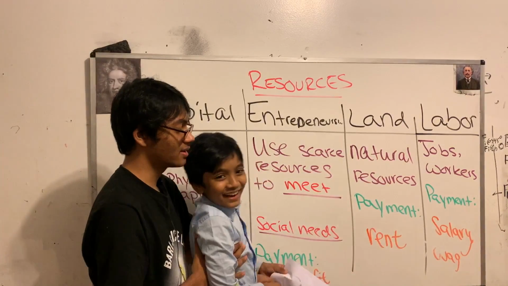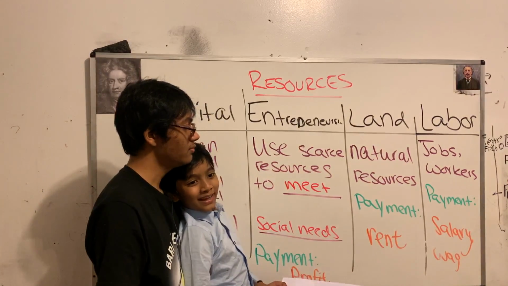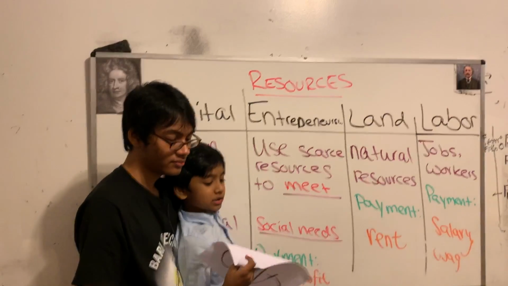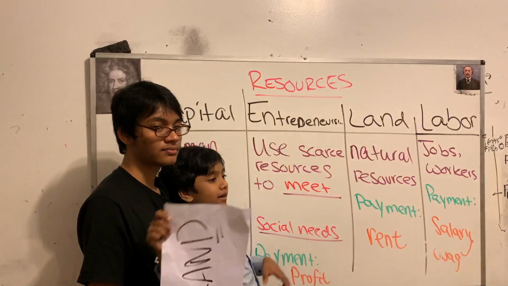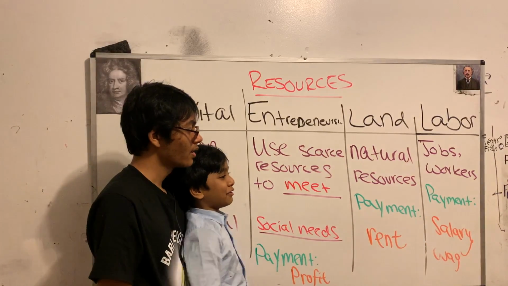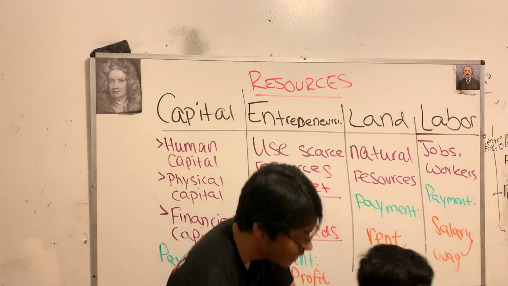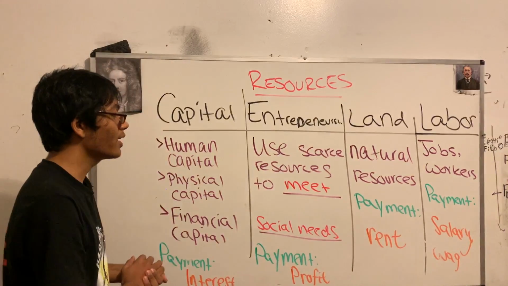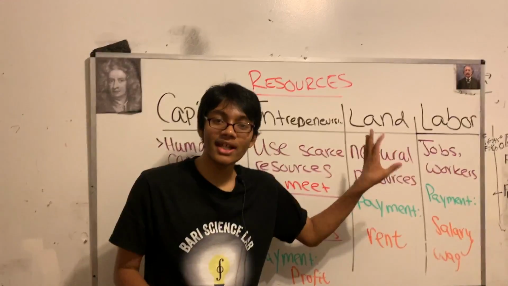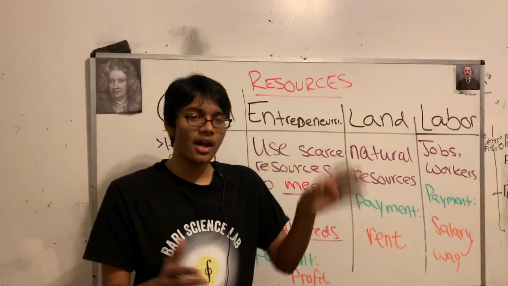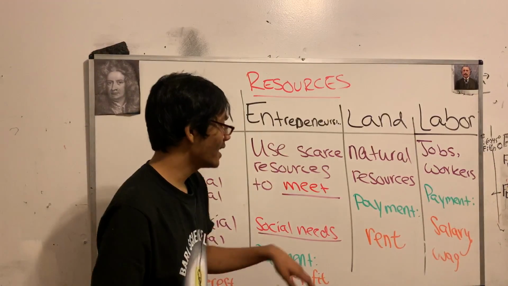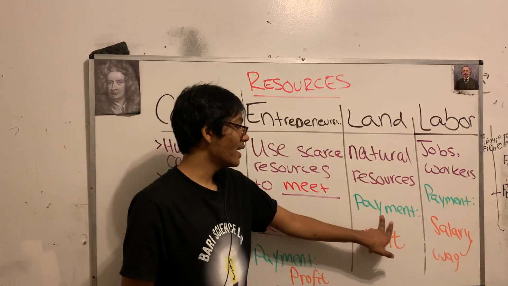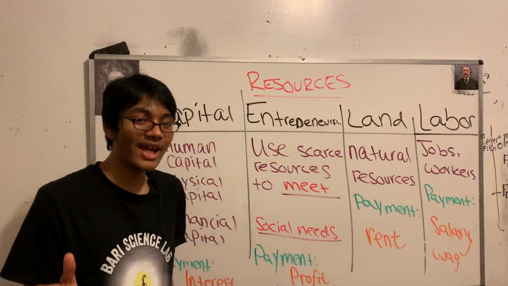So land is a piece of terrain that costs a bit of money. It's a piece of terrain that contains a few types of natural resources, like wood, trees, plants, etc. Land is all about using and harnessing the natural resources on a land, like coal, gold, oil, mines. And of course, the payment system for land is rent.